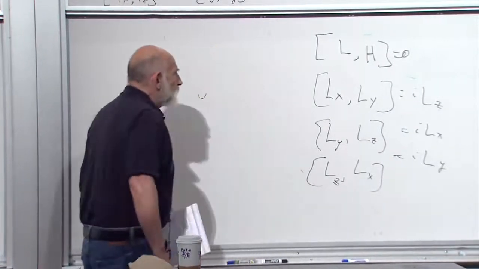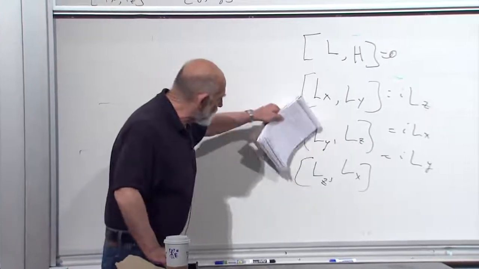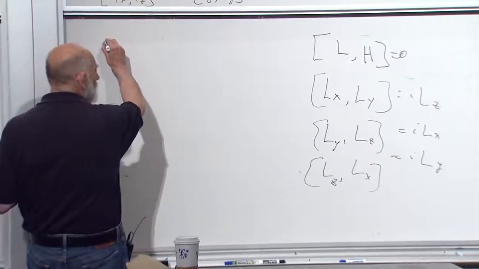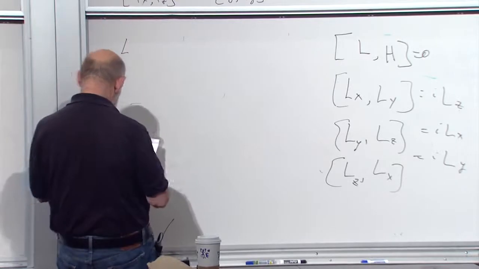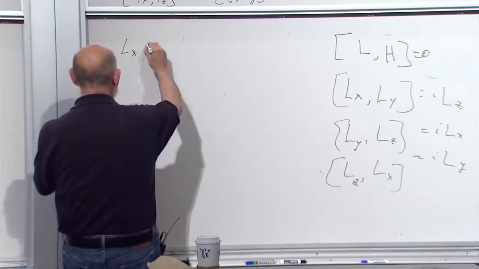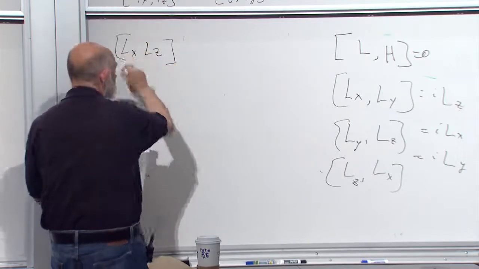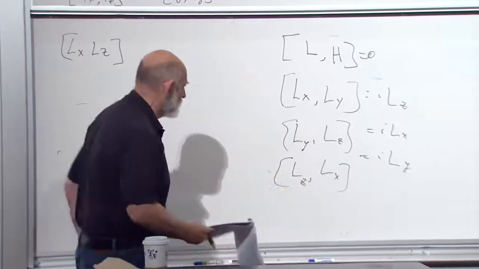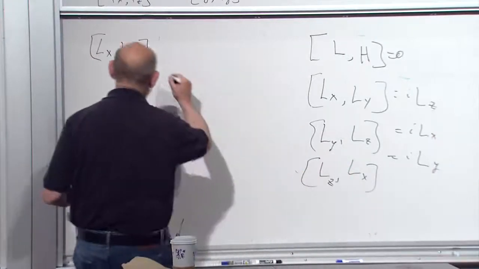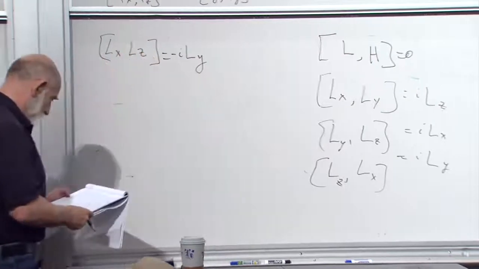So how do we get the commutation relations? Well, we're going to get them from the last two of these equations. Let's rewrite them. Lx with Lz, that's this one over here. I've changed the order of x and z, so that's minus I Ly.